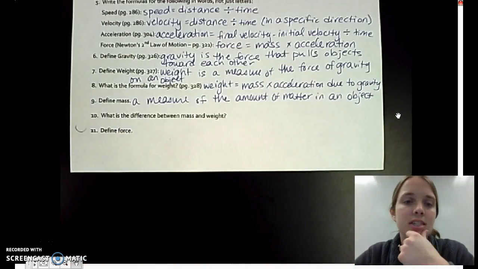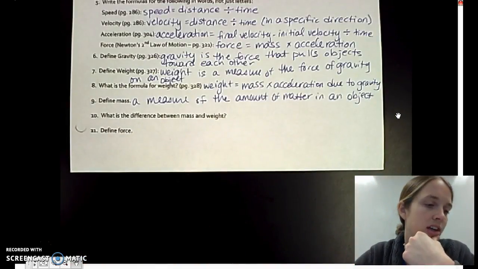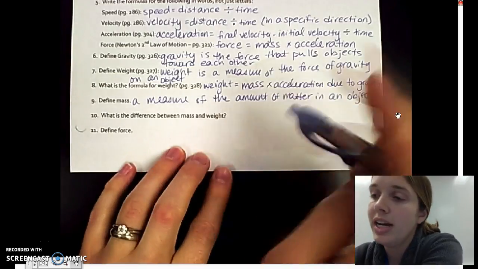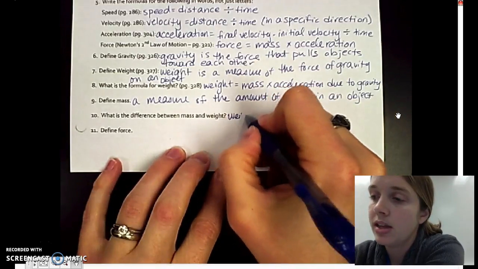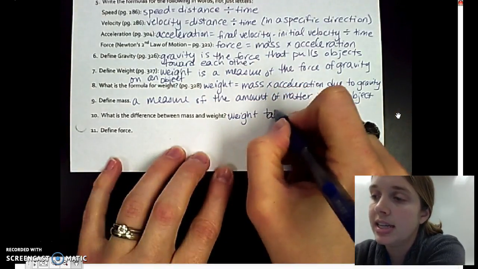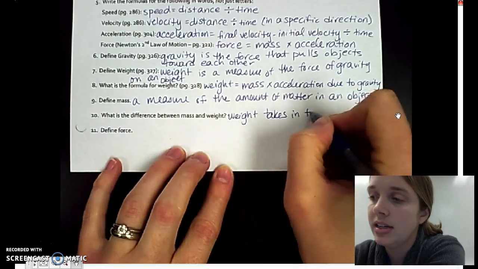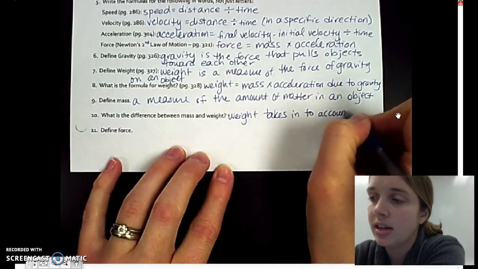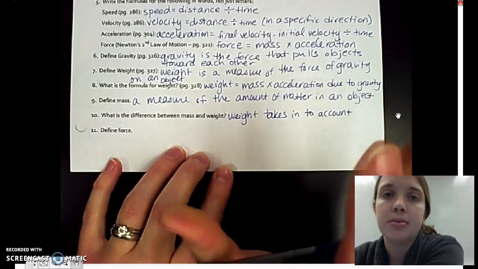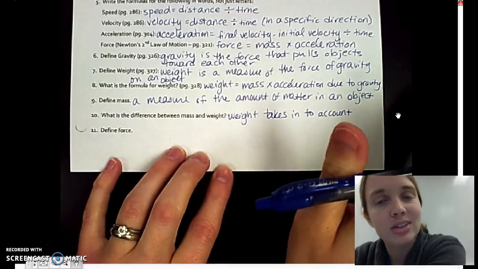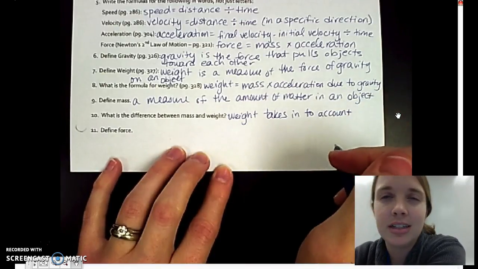Next up, what's the difference between mass and weight? Here's the bottom line. Weight takes into account gravity. Weight cares about gravity. Mass does not.